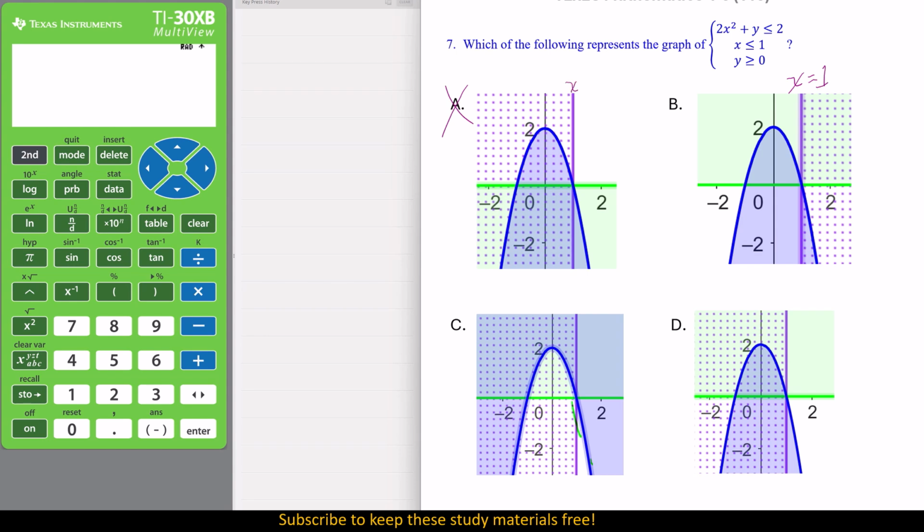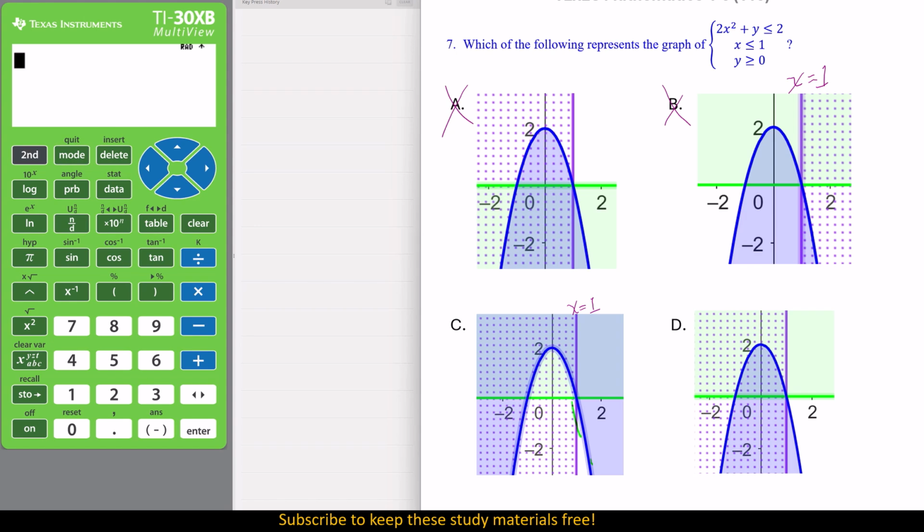Here it is over here, and here again, x equals 1. We're not worried about A. We are worried about the other three. It's saying that all of the values of x need to be less than 1, so they need to be on the left side. That gets rid of B. So C and D are okay.